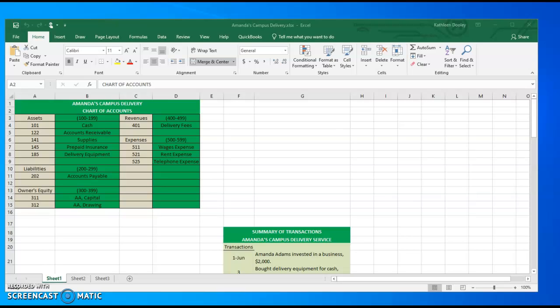We're going to take a look at Amanda's Campus Delivery, doing the transactions, including the debits and credits part of it. We'll go fairly quickly through the part that we've already done, where we decided what happened and which account.